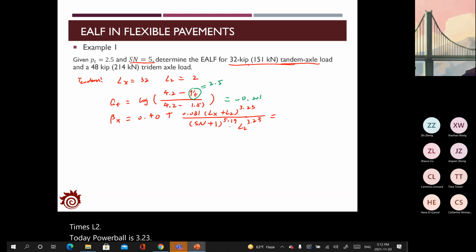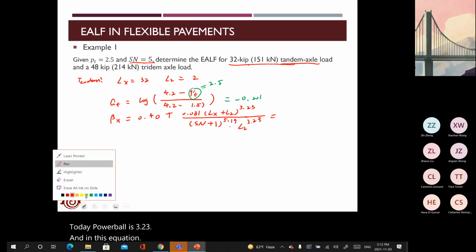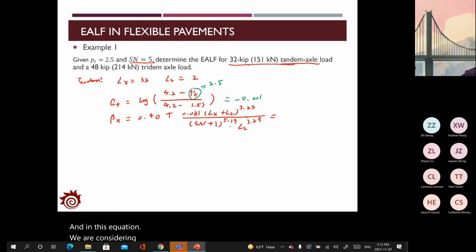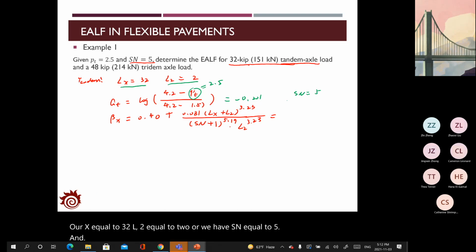And in this equation, we are considering the tandem axle. We have Lx equal to 32, L2 equal to 2, while we have Sn equal to 5.